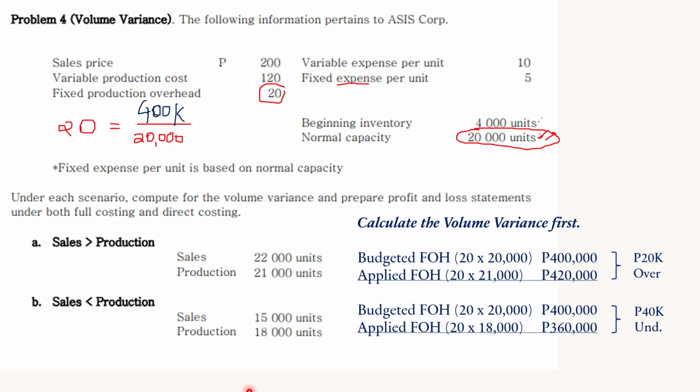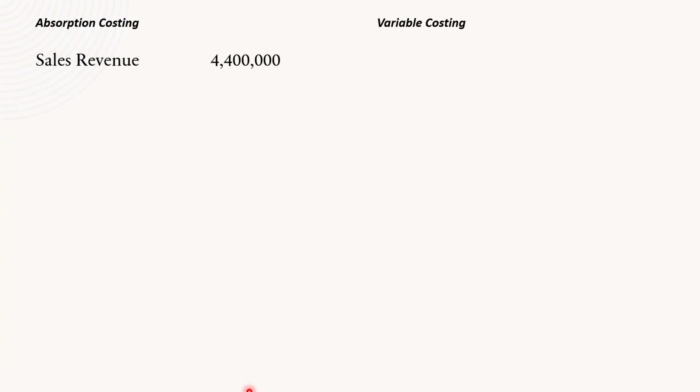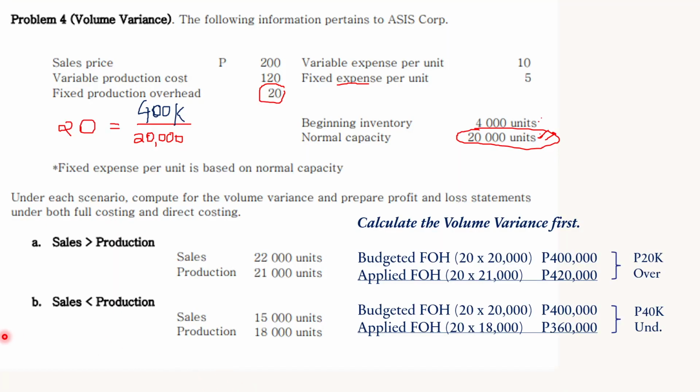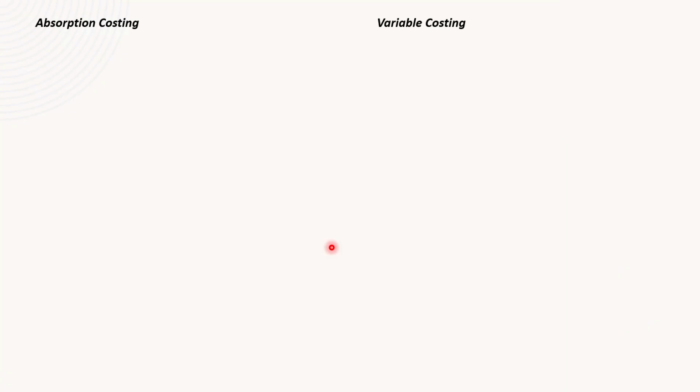Okay, game. So we are now going to prepare the absorption costing income statement for item letter A. Sales revenue is 200 multiplied by sales units of 22,000. Price of 200, sales units 22,000. 200 times 22,000 is 4.4 million.